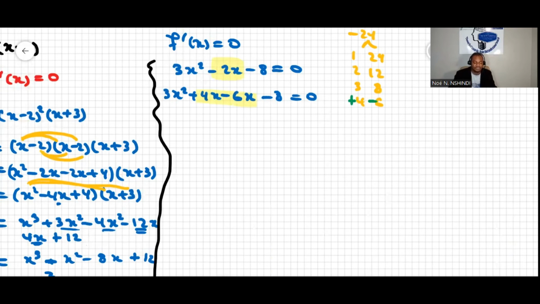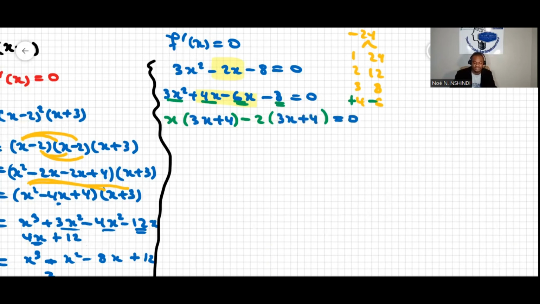Now we can factorize by looking at the common factor of the first terms. Yes, x is a common factor, and the common factor for the last terms is negative 2. If I take x as a common factor, I'm left with 3x plus 4, and the negative 2 as a common factor here is going to be 3x plus 4 also.